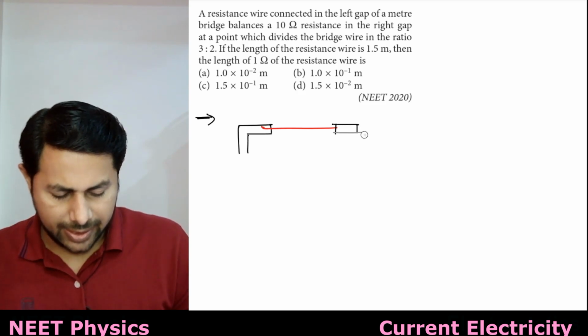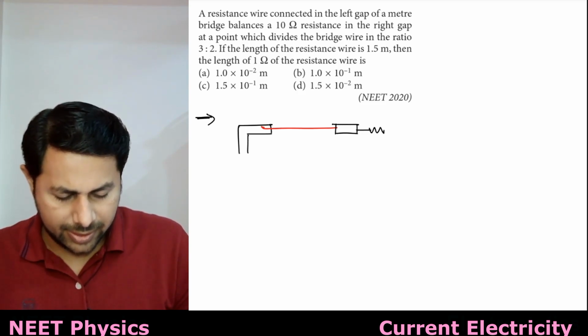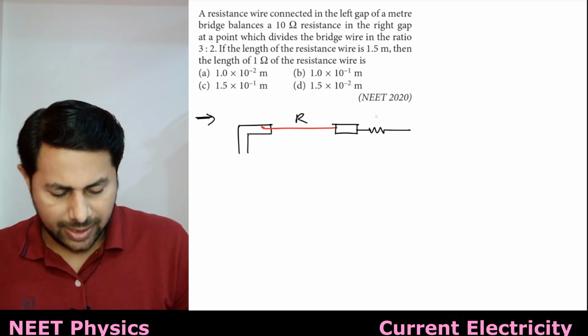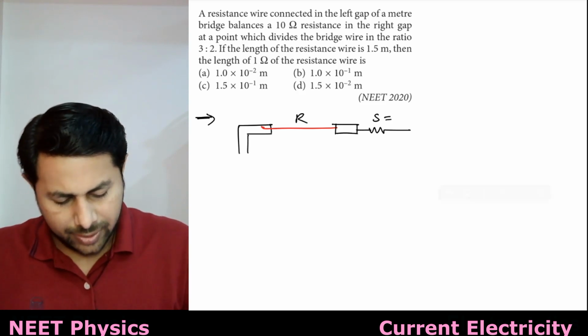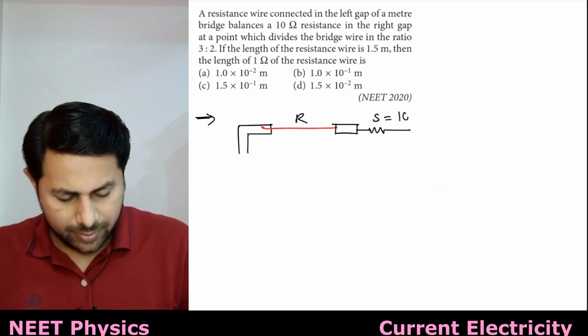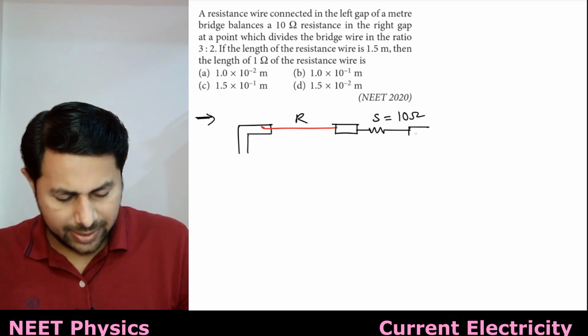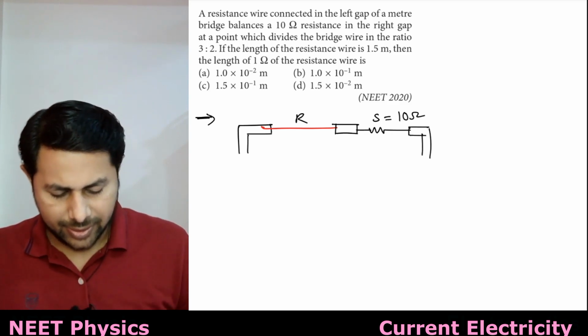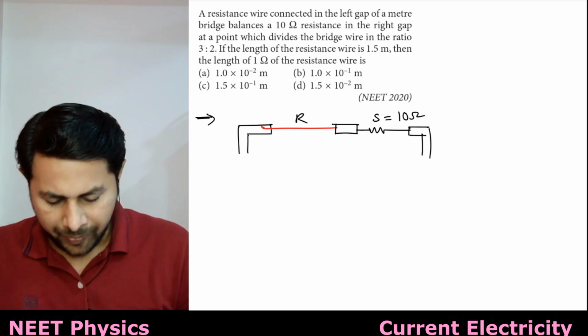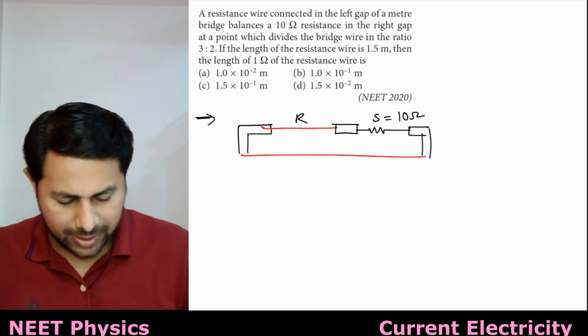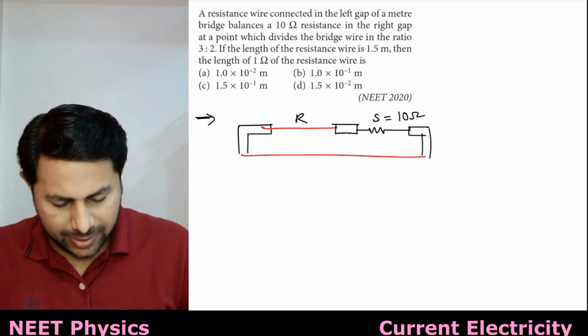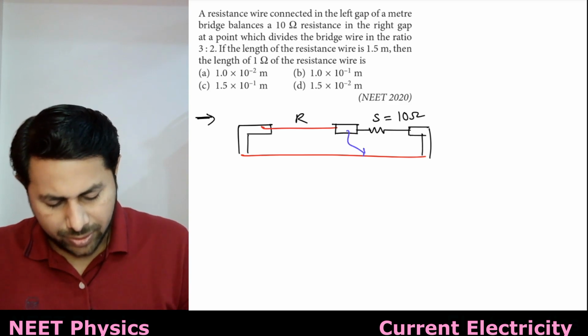And what's there in the right gap? There is a resistance. Let's say this is R, this is S, and S is equal to 10 ohm. So it balances against this 10 ohm resistance, right? And the balancing length that you get is in the ratio 3:2.